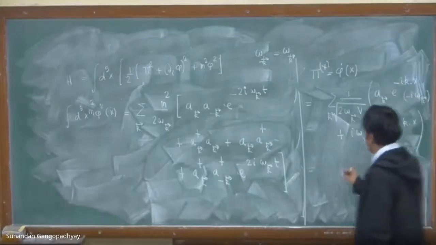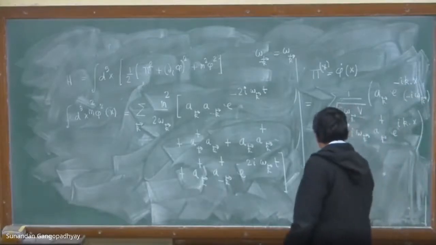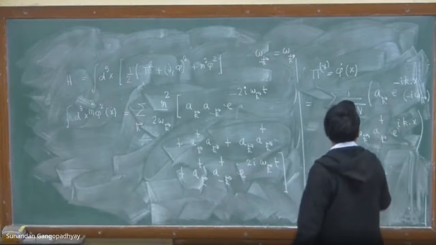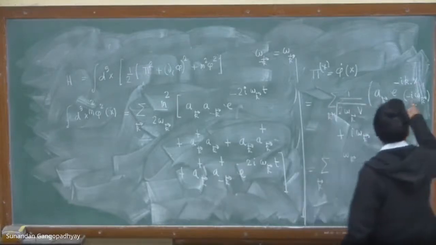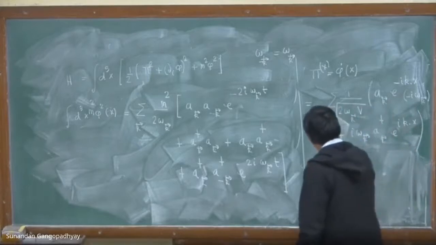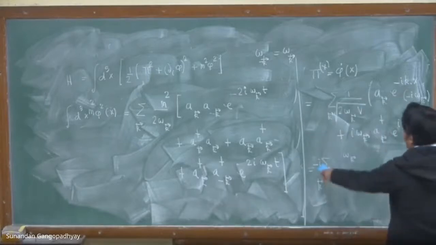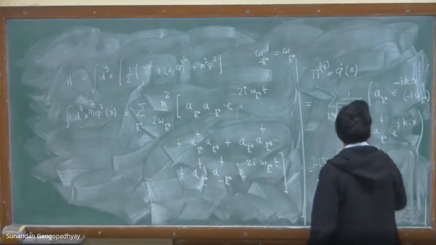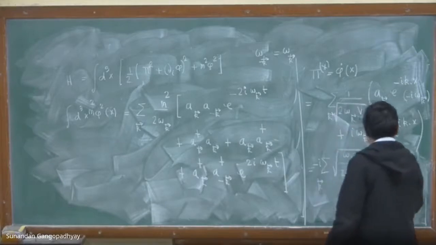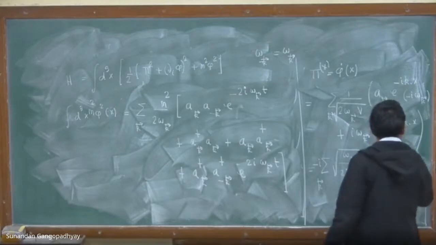You take it out. That is a common thing. This will be summation over k, and now this will be omega k. If I take minus i outside, this will give a minus outside the summation, omega k by square root of 2v. Then we have a_k e to the power of minus i k dot x.